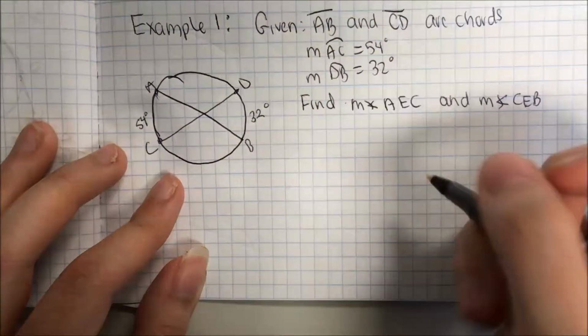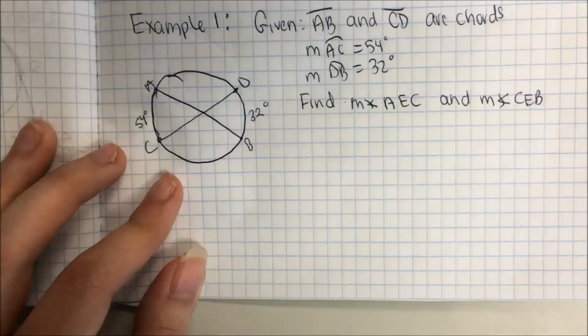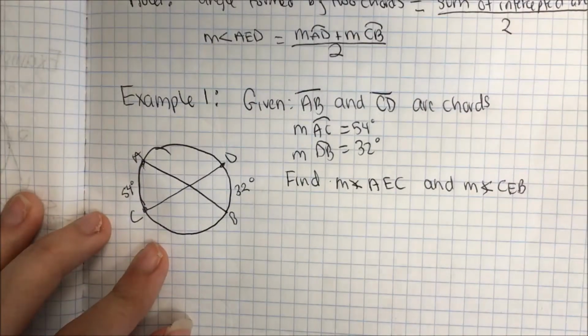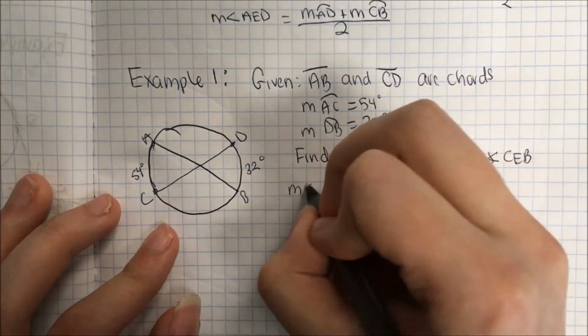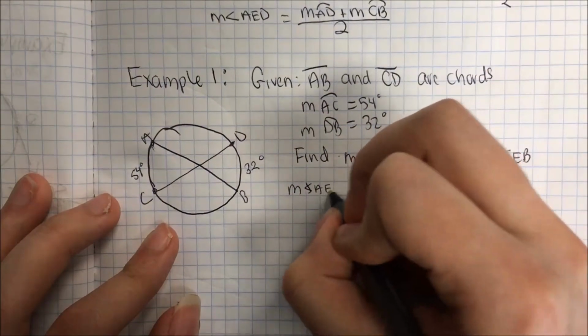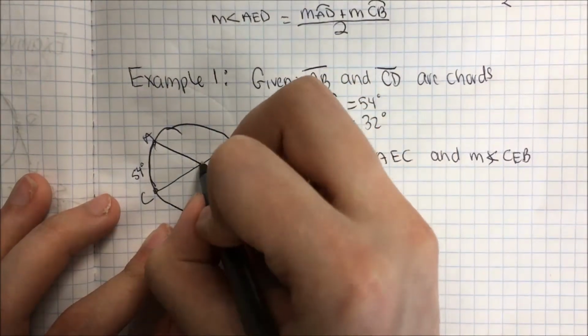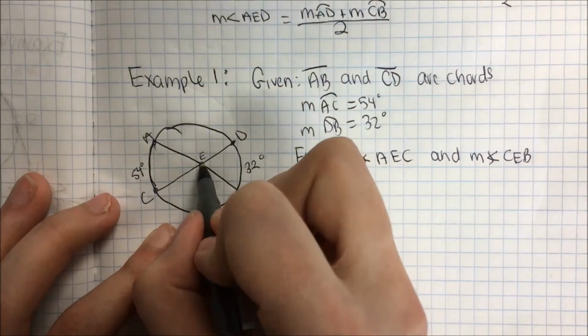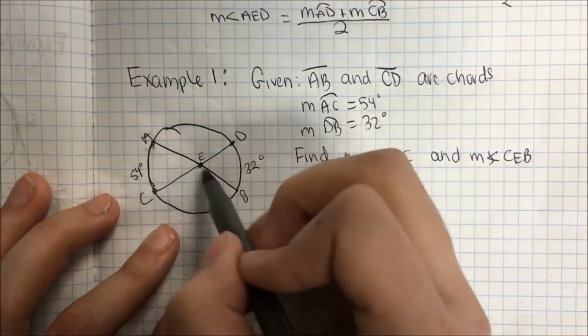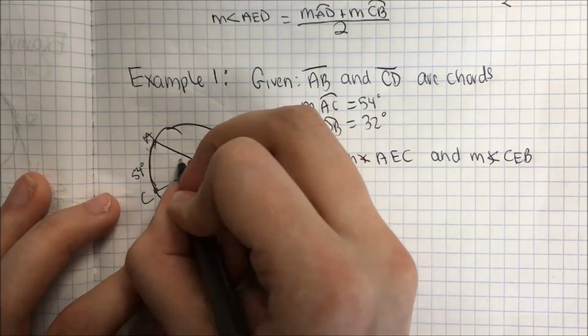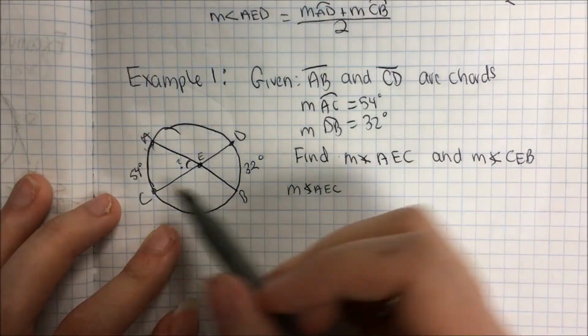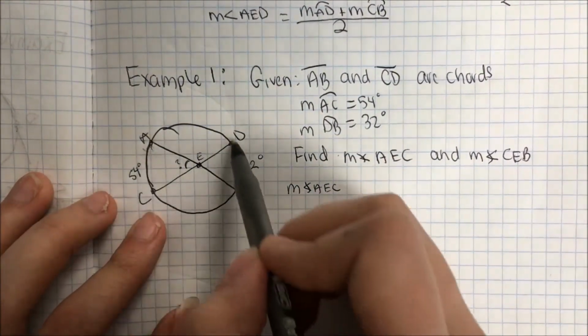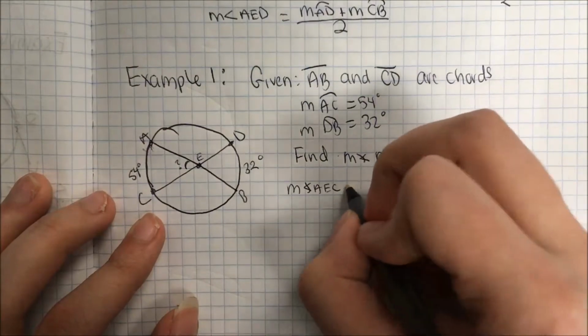So in order to do that, we want to use the rule that we stated above. So to find the measure of AEC, the point of intersection will be E. So we want to find out what this angle is first. We're going to take the two intercepted arcs and then divide by 2.